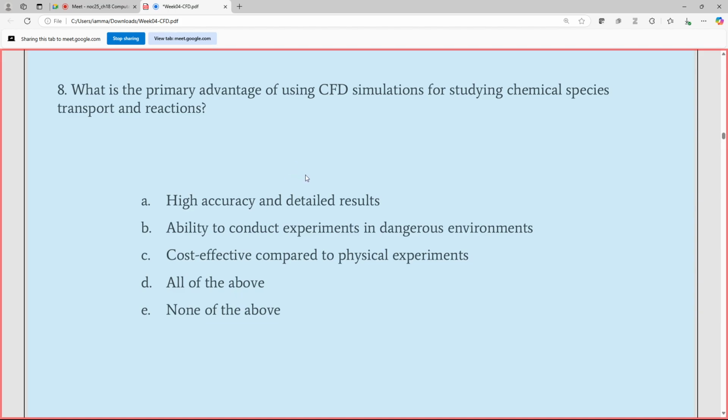Options are: A, high accuracy and detailed results. Option B, ability to conduct experiments in dangerous environments. Option C, cost effective compared to physical experiments. Option D, all of the above. Option E, none of the above.